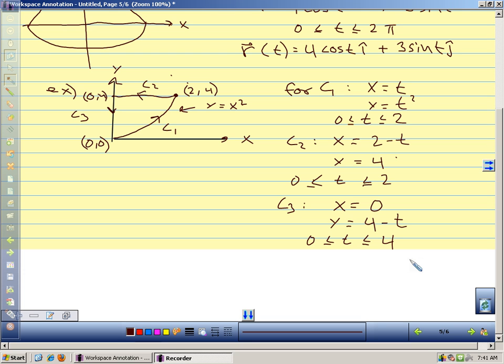All right, let's evaluate a couple of line integrals, and then we will be done.